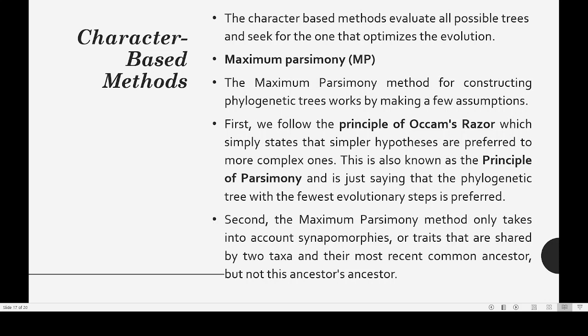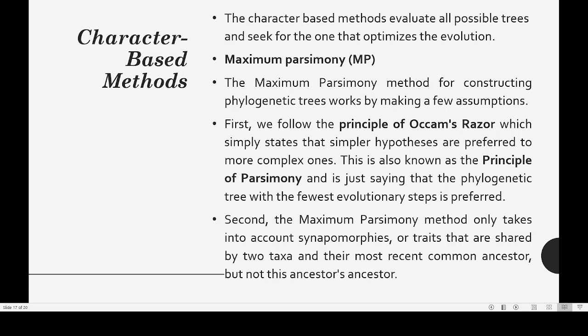Then there is a technique called the maximum parsimony method. According to maximum parsimony, simple hypotheses are always preferred to more complex hypotheses. This is also known as the principle of parsimony. Parsimony simply means, in Malayalam, we can call it small. The basic idea is that phylogenetic trees with fewer evolutionary steps are always preferred by nature.